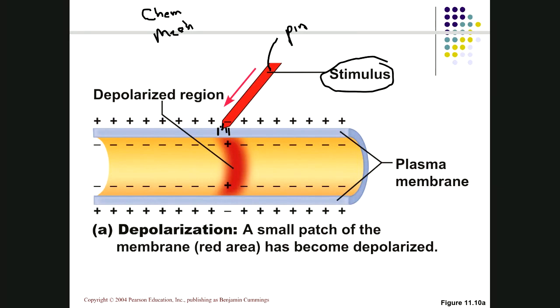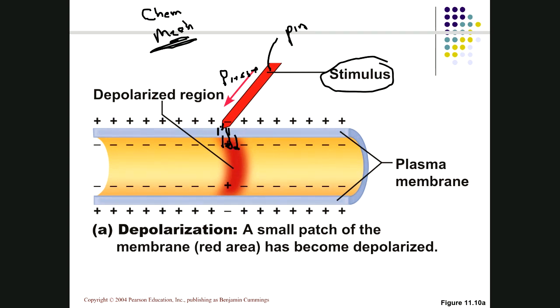Which one is it? It's movement, it's pressure. So is it chemical or mechanical? It's mechanical. In other words, mechanical gated sodium channels open, and sodium's going to come in.